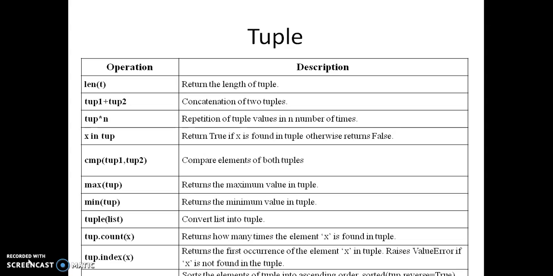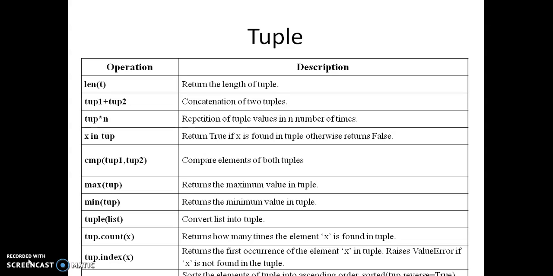Tuple into n: here we can repeat the elements of the tuple. The tuple elements are repeated n times, and it returns a new tuple. x in tuple checks whether the given x value is in the tuple or not. And compare two tuples, CMP of tuple 1 comma tuple 2.